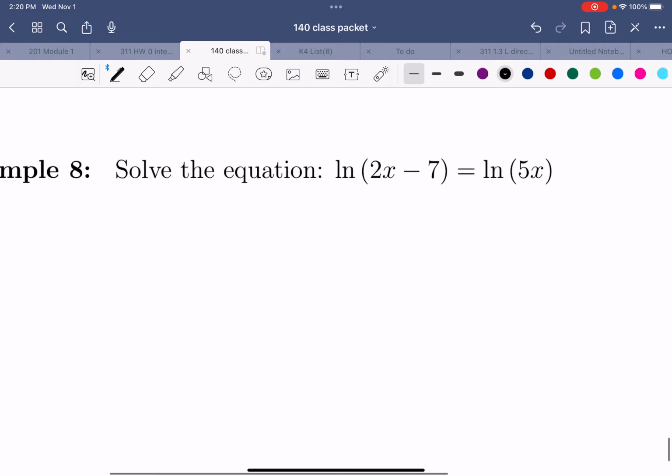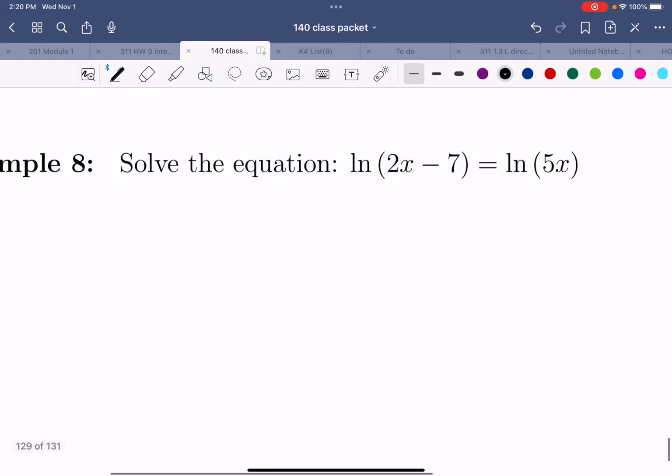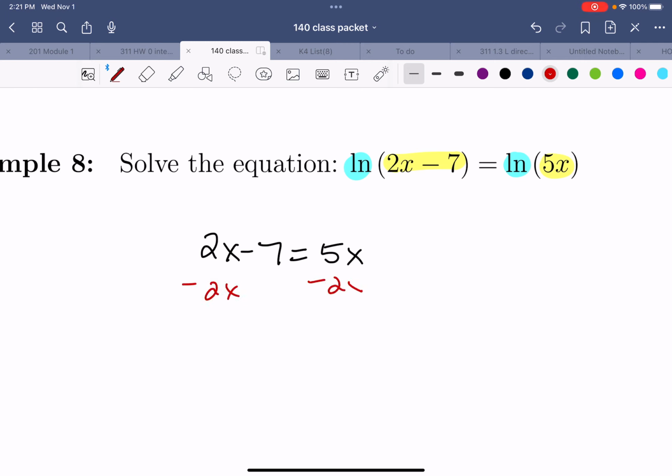Same is true if we have ln's, right? So as long as it matches, we can go ahead and kind of just set the inside piece equal to each other. So I have 2 natural logs here. So now I can just set their insides equal. So 2x minus 7 is going to be equal to 5x. And then we can go ahead and solve. So I'm going to go ahead and subtract 2x from both sides.